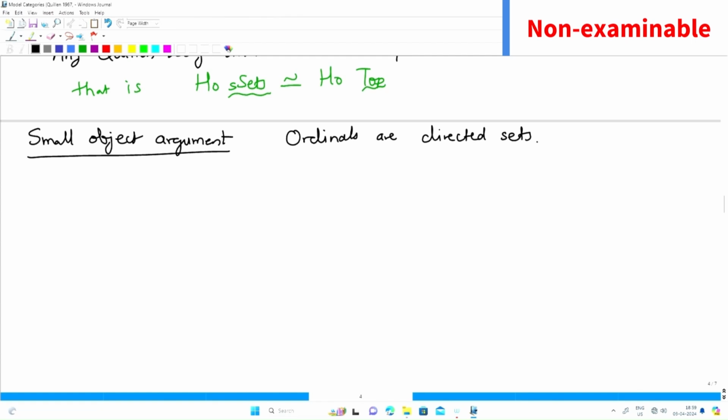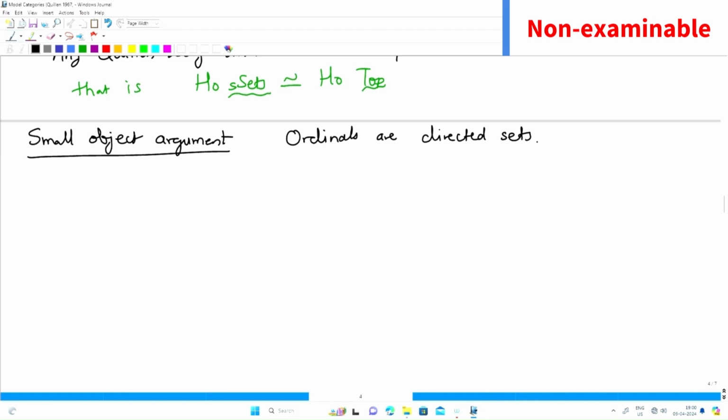If you don't know what ordinals are, just think about 0, 1, 2 up to n, the entire collection, omega. Omega is a directed set, since any two elements have a maximum, which acts as a common upper bound. So if ordinals are directed sets, then we should be able to take colimits of an appropriate shape.